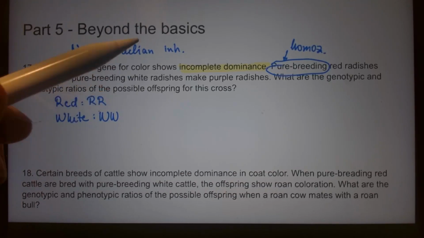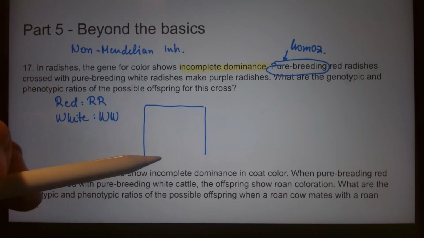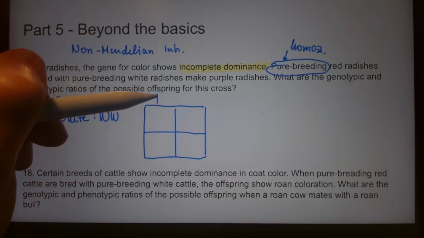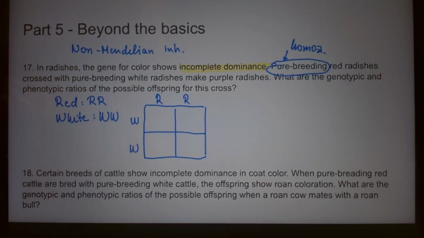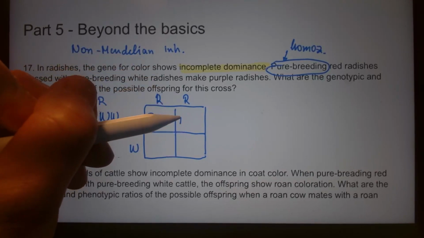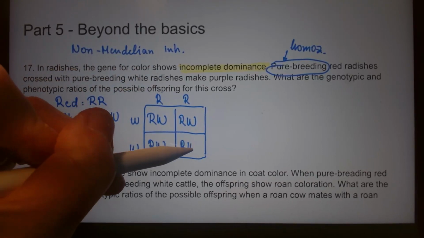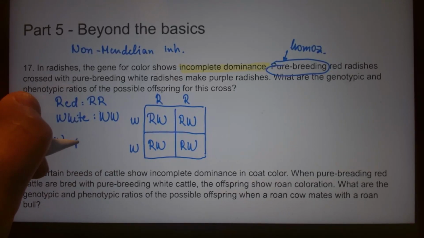When we cross these two purebred plants, the red and the white, we notice that all of them turn out to be capital R, capital W, heterozygous, and all of the heterozygous at this point are going to be purple.